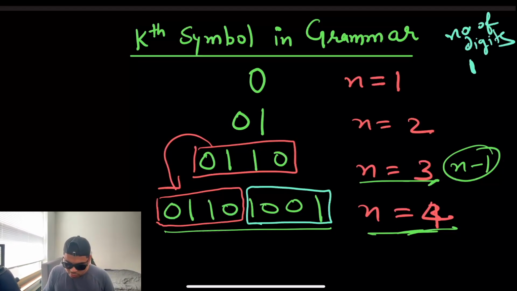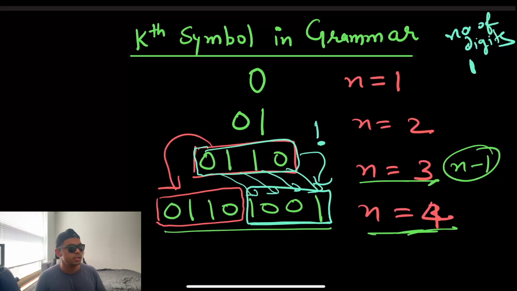I'm sorry, I forgot to tell you that this particular part is basically the reverse of, if you flip these values, 0 becomes 1, 1 becomes 0. So it's basically a NOT of these digits, right?